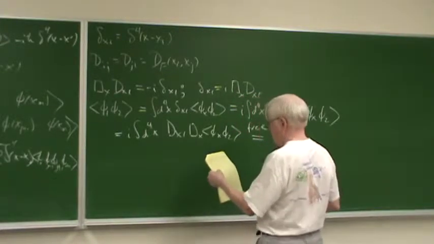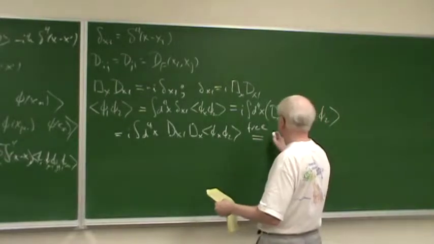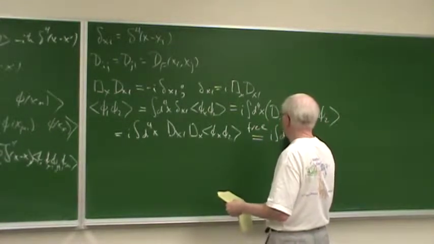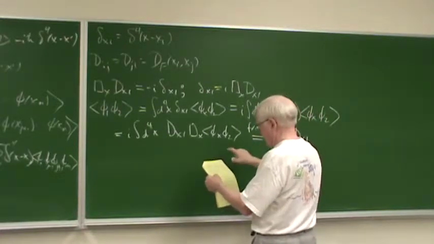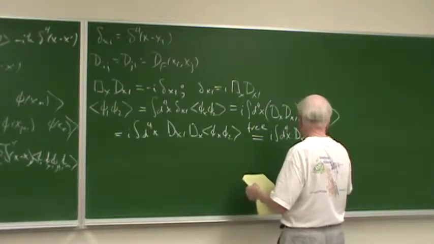This would then be i times the integral d^4x D(x, x_1), and box on that is minus i delta(x - 2).